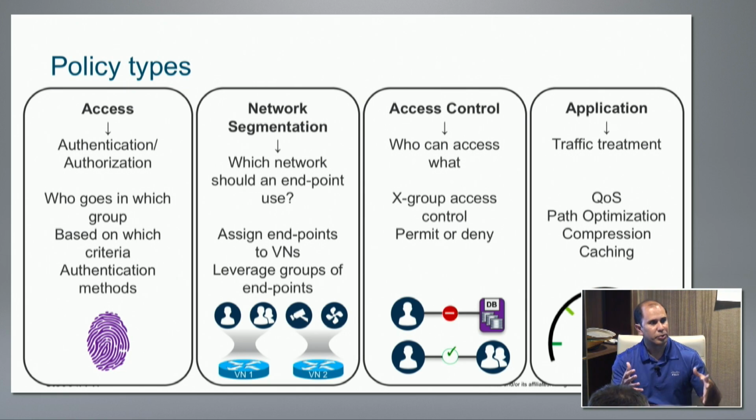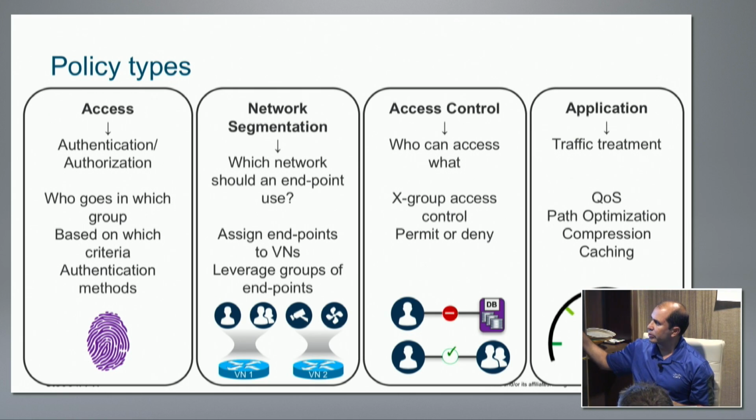That gives you big buckets in terms of networking, right? So which virtual network am I going to put things in? There's an access control policy that defines which groups talk to which groups, right? Now, if you look at these, they are very group-centered, right? So I need to identify things with my access policy, and once I have them in groups, I'm going to start creating relationships between these, or I'm going to start putting things in buckets, which is the network segmentation policy.